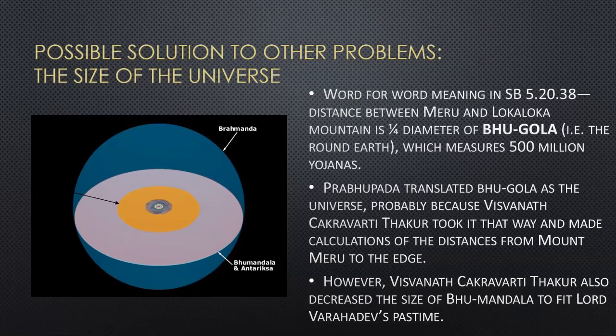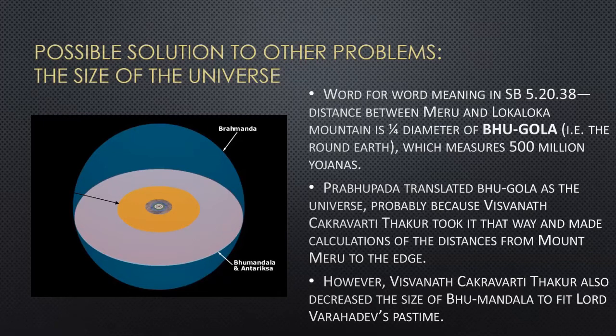So he decided to decrease the size of Bhumandala by a certain amount, so that it could be smaller, and therefore it could go through and dip into the ocean. Otherwise, it would get stuck there.